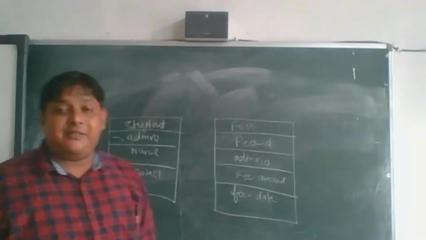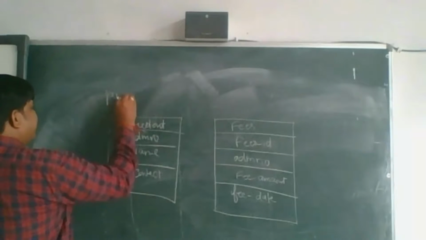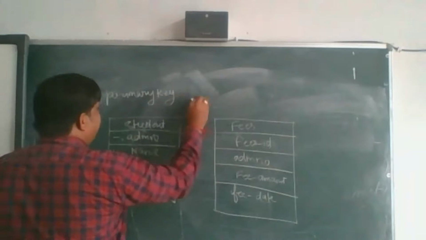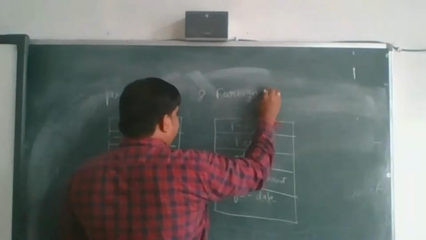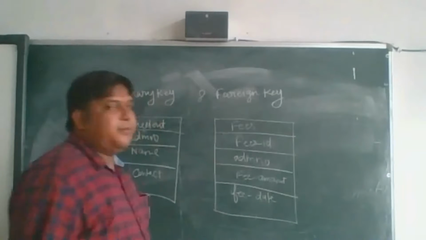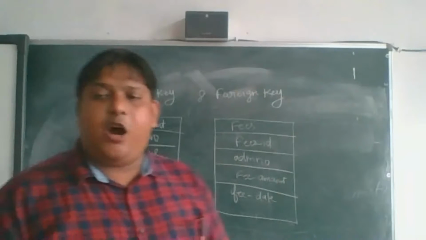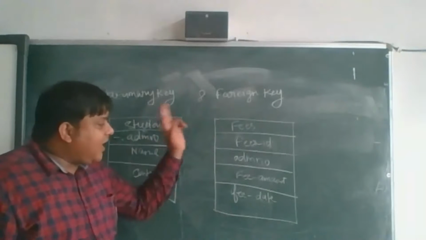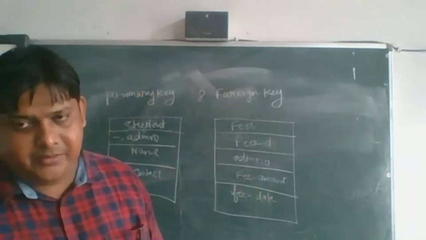So in the relationship we are going to use the concept of primary key and foreign key. Look here, whenever the primary key of any table is used in another table as a normal key, it is called a foreign key.